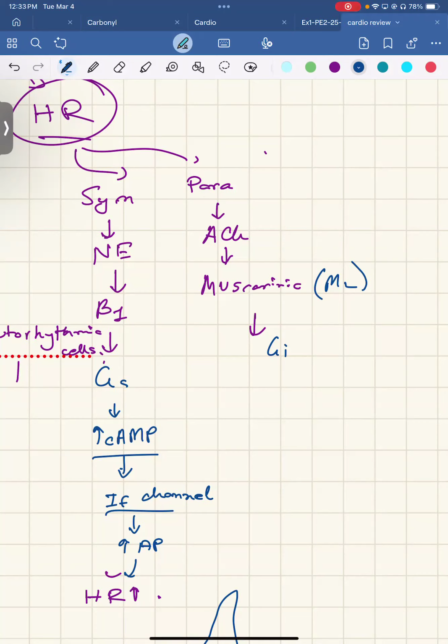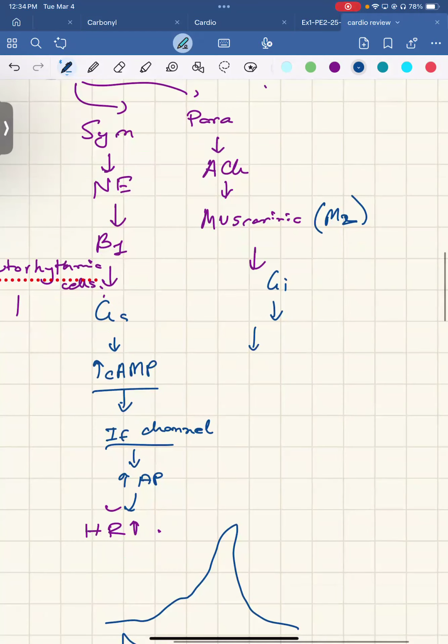Okay, so continuing. Parasympathetic acetylcholine binds to the muscarinic receptor, which then activates Gi. This was M2 type. Gi causes less activation of PKA.